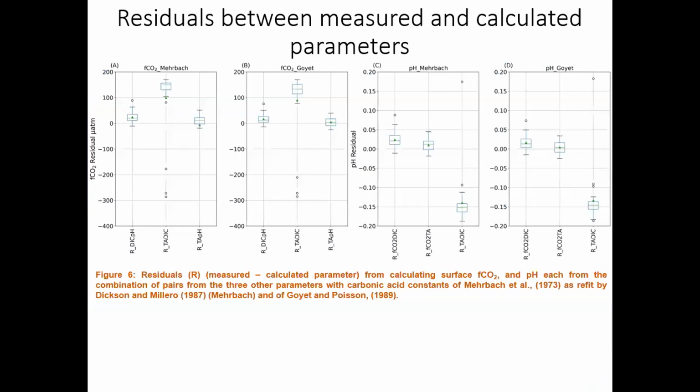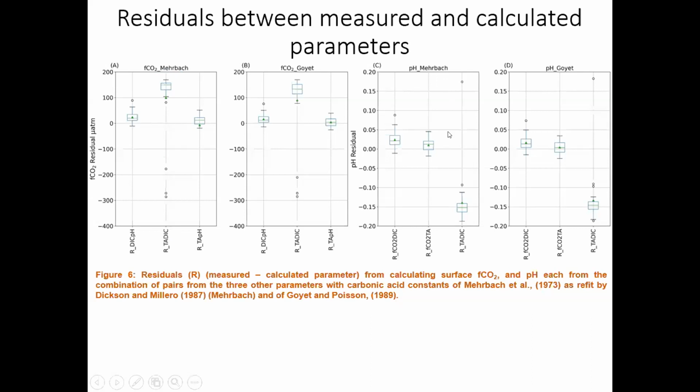Here I show a box plot distribution of the residuals for FCO2 and pH, for each of the carbonic acid constants. What we observe here is that we have high residual values for the input pair of TA and DIC, both for the calculations of FCO2 and pH.